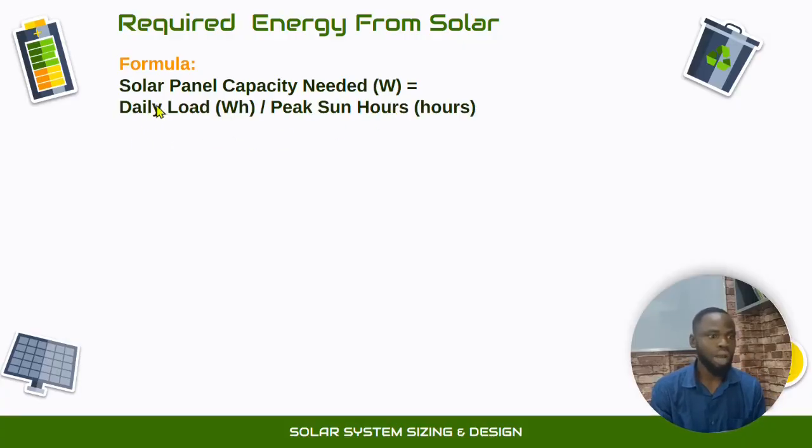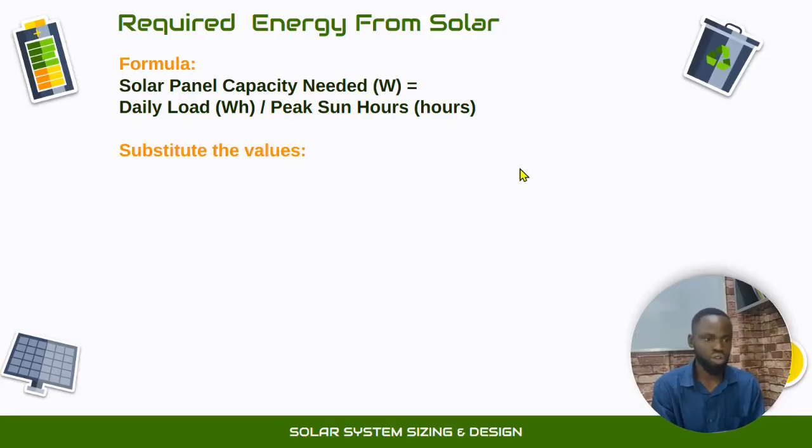We take our daily load and divide it by peak sun hours. The daily load is what the solar system design requires. With this, you'll know the amount of solar energy your solar panels are supposed to be producing every 1 hour to sustain that system.